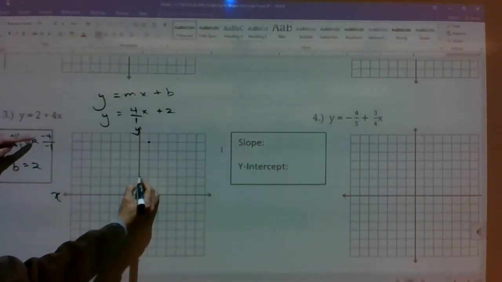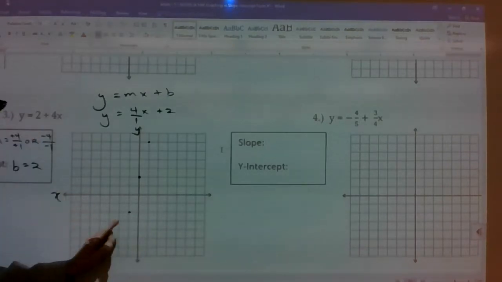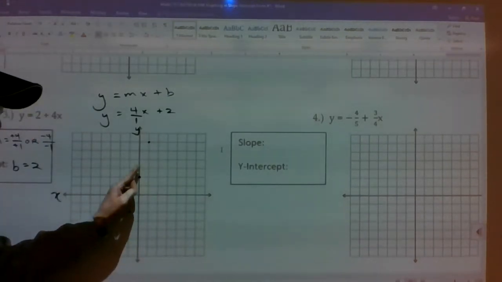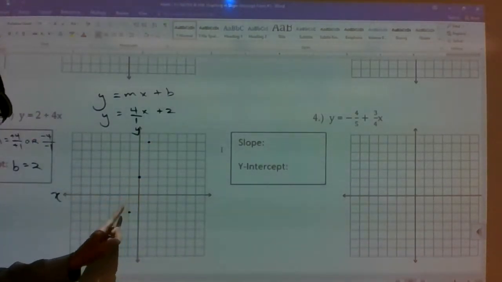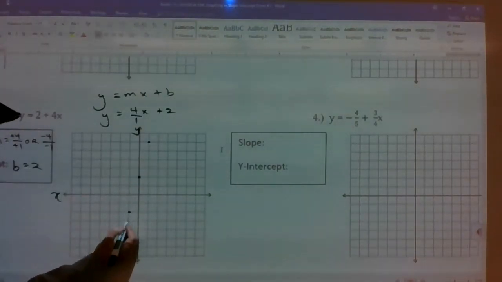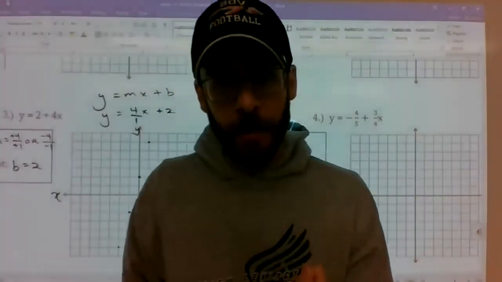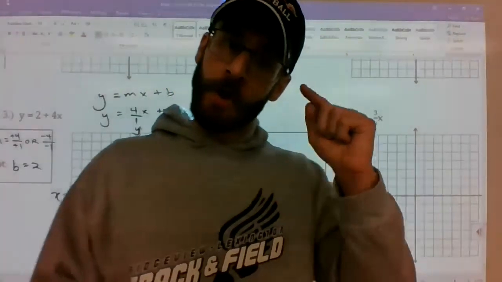If I go down 4, left 1, I've got another point that is a continuation of that line. It keeps the line moving. So I can go in the opposite direction, 1, 2, 3, 4, left 1, and get the same points that I would plot if I did up 4, right 1.